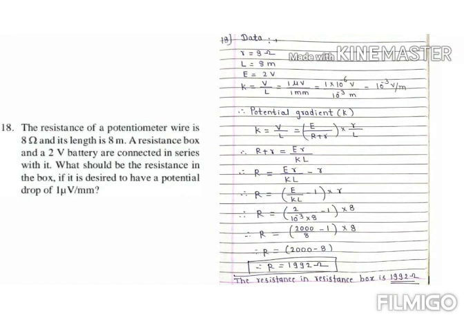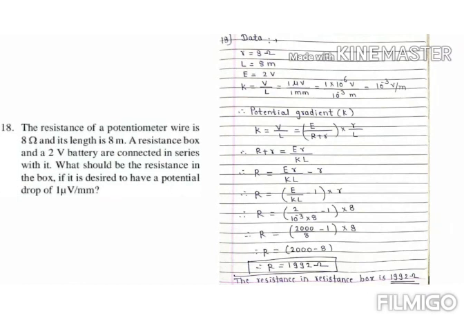Substituting the values in the above equation, we may write capital R is equal to 2 upon 10 raised to minus 3 into 8 minus 1, bracket close, into 8. Therefore, R is equal to inside the bracket 2000 upon 8 minus 1 bracket close into 8.